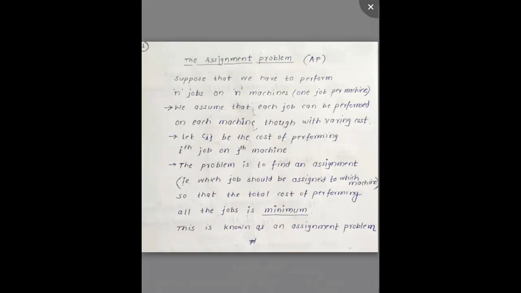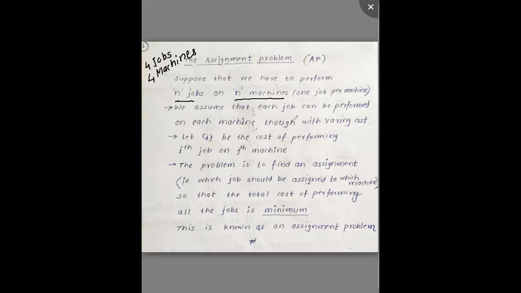Suppose that we have to perform n jobs on n machines. For example, suppose we have 4 jobs and 4 machines, and 1 job per machine. That means we will perform 1 job per machine.